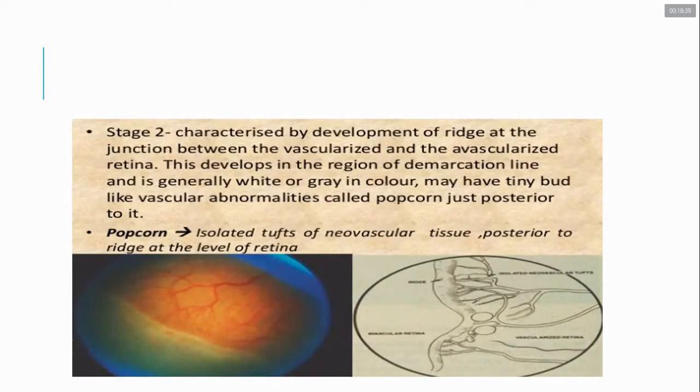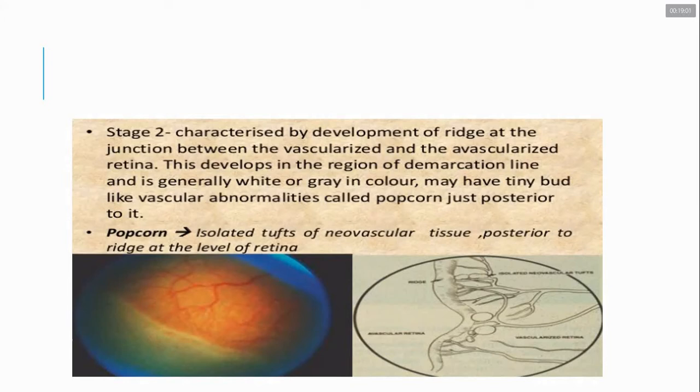Stage 2 is characterized by development of the ridge at the junction between the vascular and avascular retina. This develops in the region of the demarcation line and is generally white or gray in color and may have tiny spots like vascular abnormalities called popcorn just posterior to it.